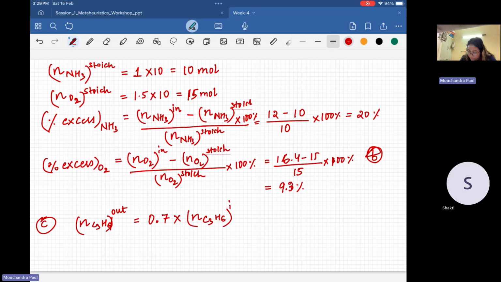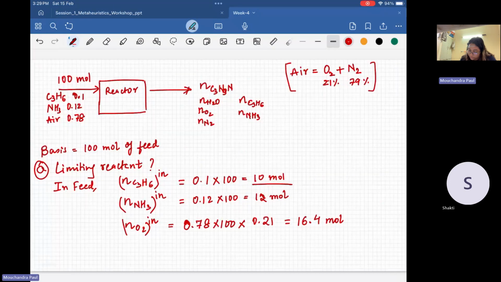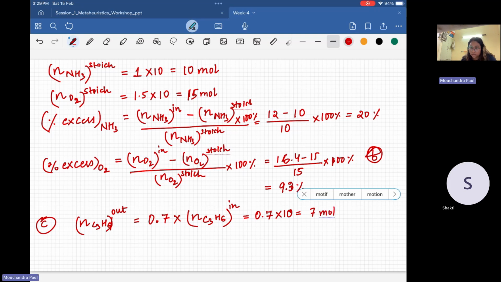We know this value. It is 10 moles. So in the product, there will be 7 moles of propylene.